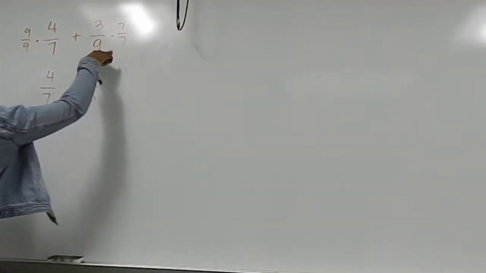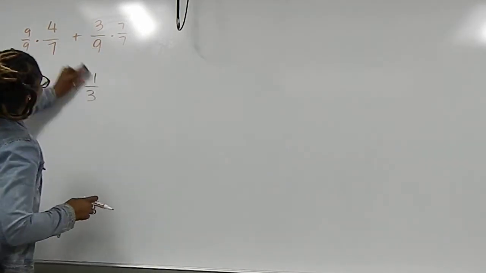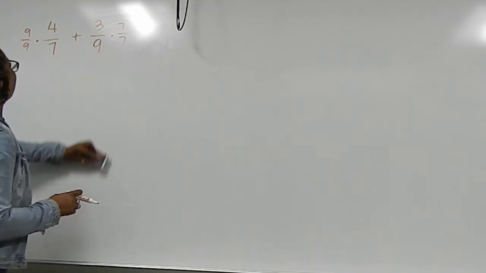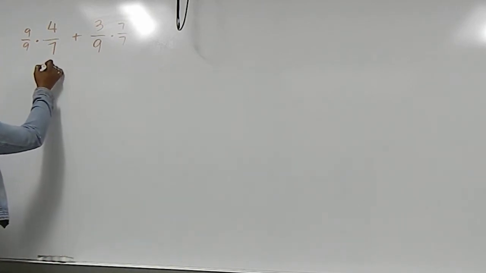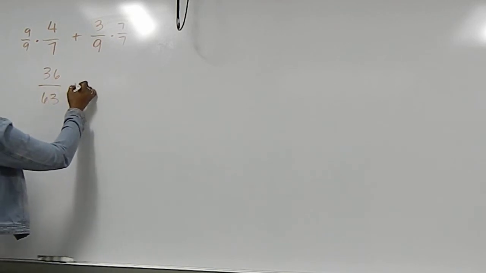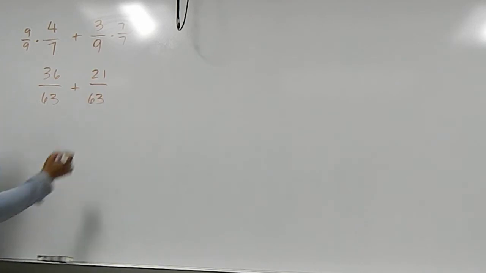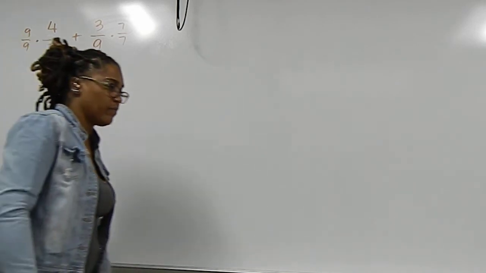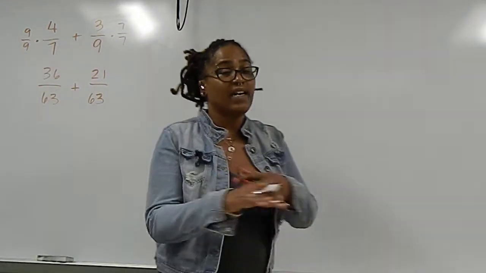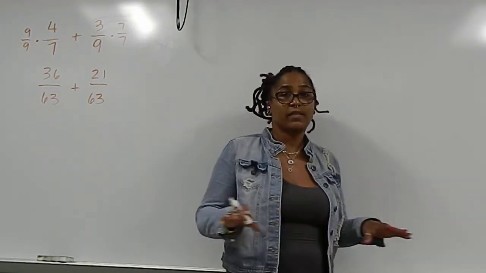So up here, I'm going to move this down. I'll put that back in a minute. So we know we have 36 over 63 plus 21 over 63. And again, the rule for fractions, remember when you're adding and subtracting them, the denominator, the amount that makes up the whole, stays the same.